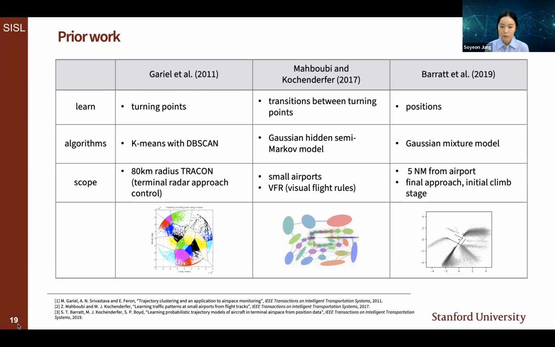Malbovi and Kochenderfer used a Bayesian inference approach to learn the transition distributions between the turning rates of trajectories around small airports. Barratt et al. used a Gaussian mixture model to learn the position measurements of trajectories in the final approach and the initial climb stages. All these models do not incorporate the procedural information.